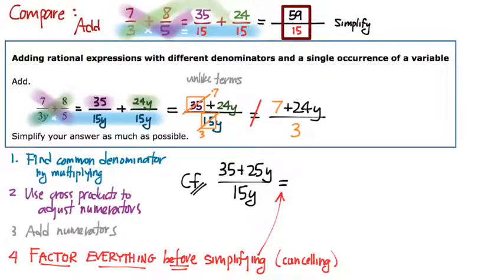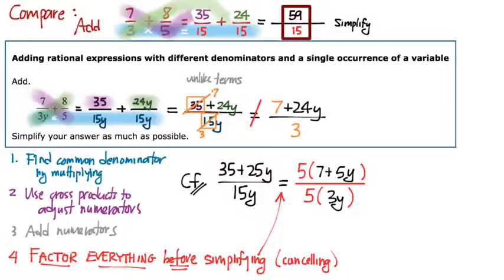Because now I can say that that 5 is a factor in 15y, and if I bring out a 5 from my numerator, then I'll be able to see that 5 is in fact a factor of the numerator and denominator simultaneously, because in the bottom, 15y is equal to 5 times 3y, and in the numerator, 35 plus 25y is equal to 5 times 7 plus 5y.